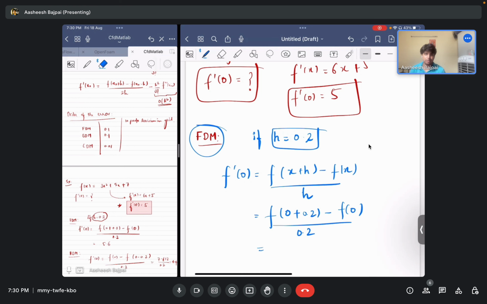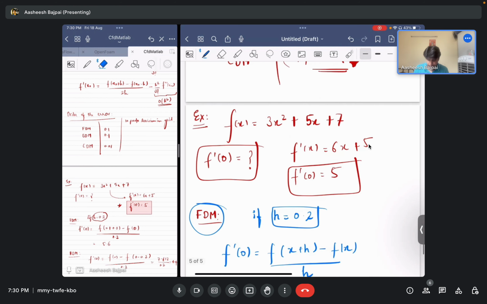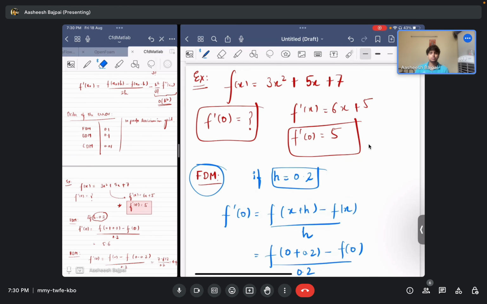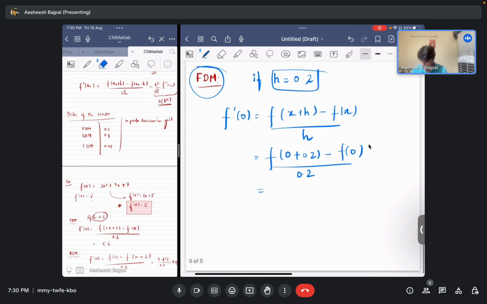Anybody can calculate f0, f at 0.2. f at 0.2 you just need to put x is equal to 0.2. So what will be the value?